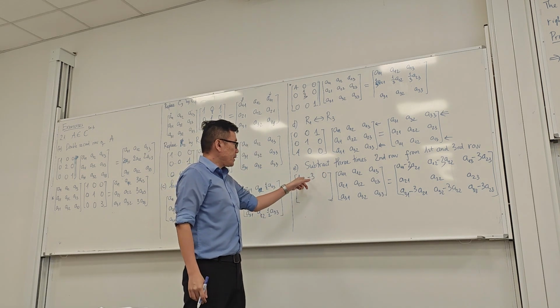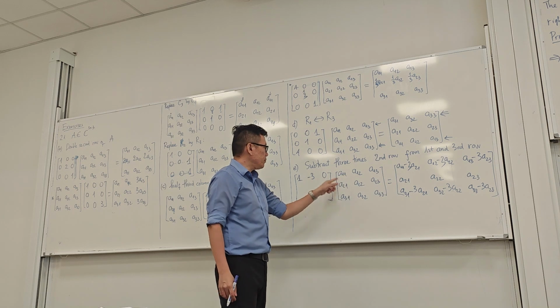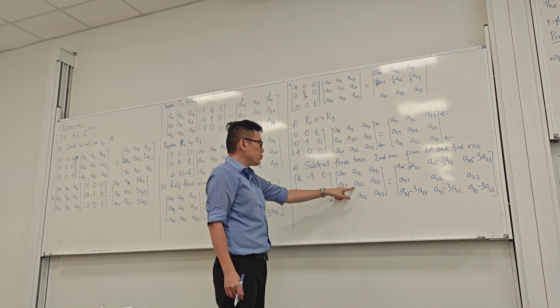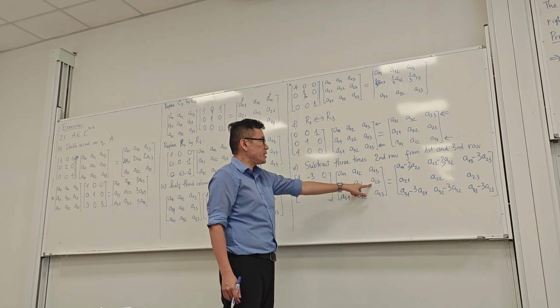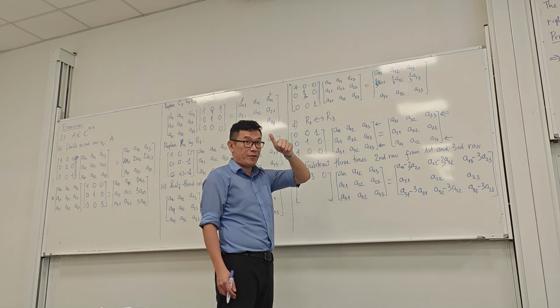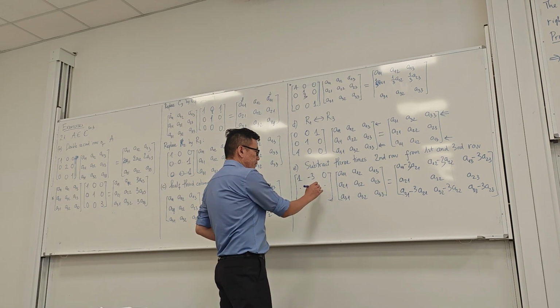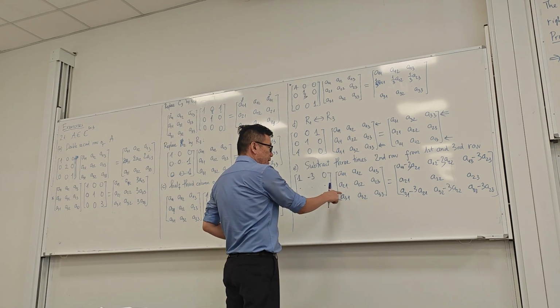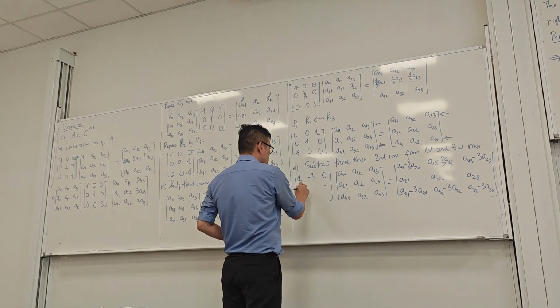Now, if you multiply this row with this column, it is A11 minus 3 A21, right? Then this row with this column, A12 minus 3 A22, right? And this column, A13 minus 3 times A23. It's okay, right? Now, how about this one? 0, 1, 0 multiplied, you should have A21, A22, A23.